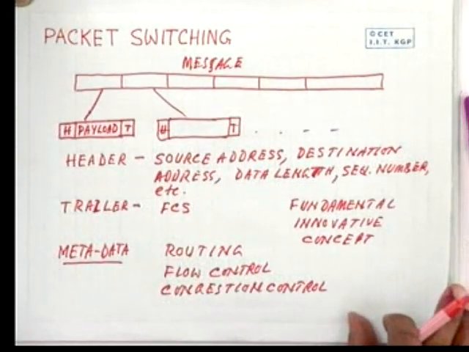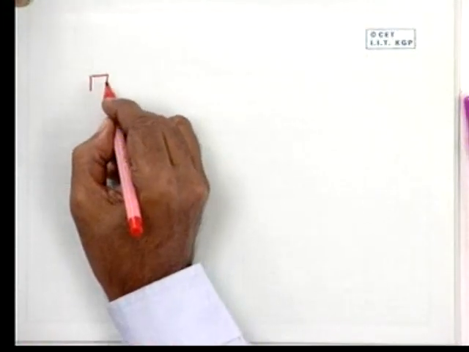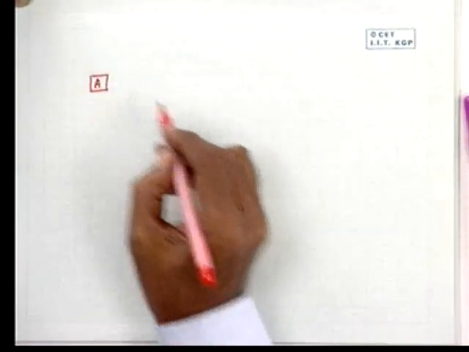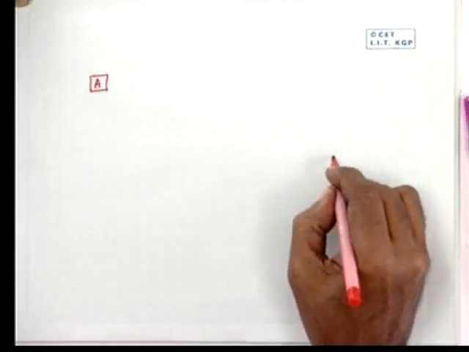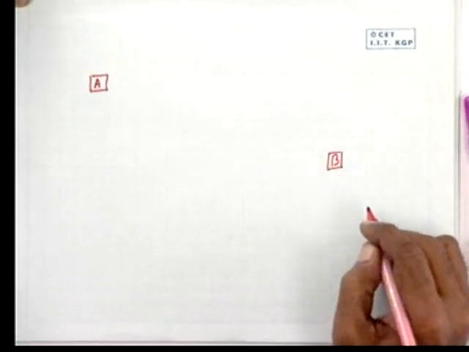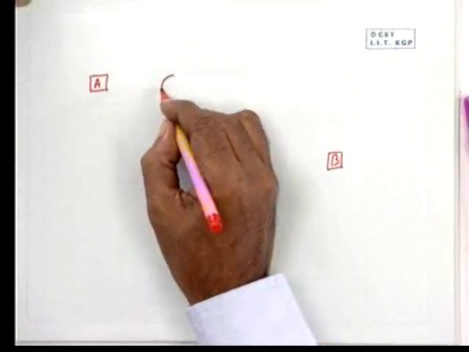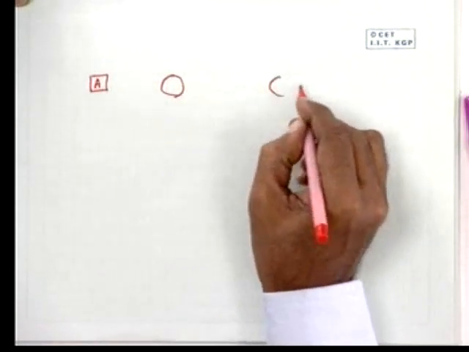Now let us see how packet switching works. We have the stations like A, B. As you have seen in any switched communication network, then you have a number of nodes which are switches.